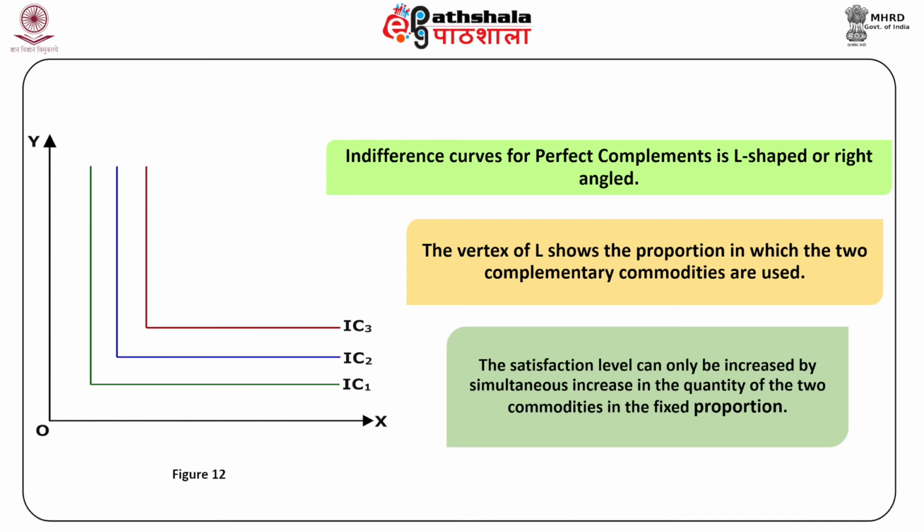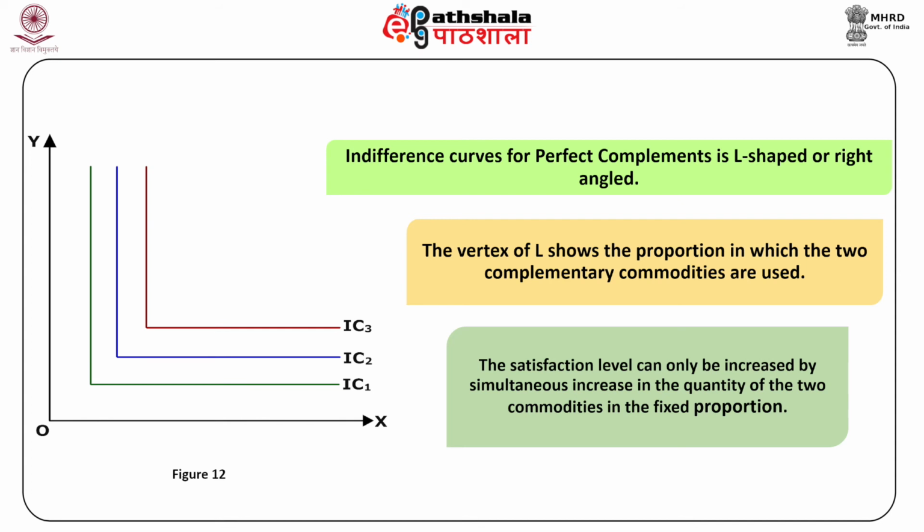Perfect complements cannot at all be substituted for each other, and therefore the marginal rate of substitution between such goods is zero. A consumer needs fixed quantities of both goods, for example, left and right shoe, to give him satisfaction. He cannot maintain satisfaction by substituting one commodity for the other.